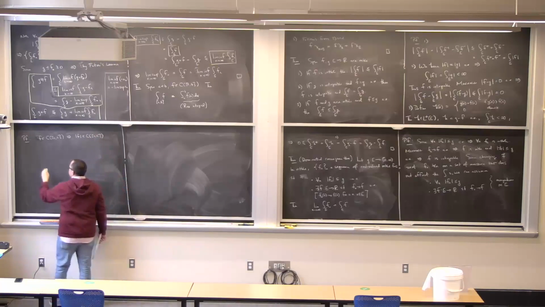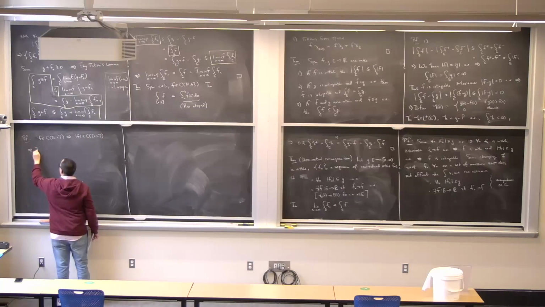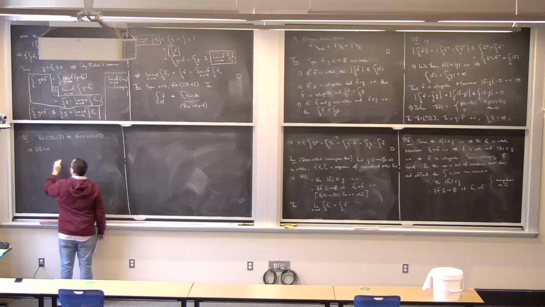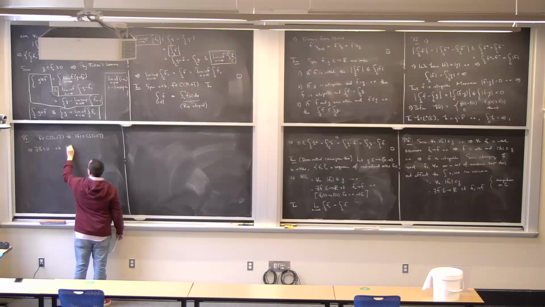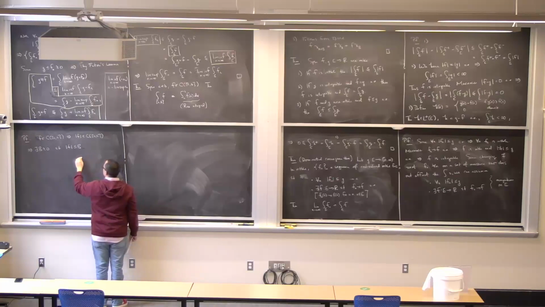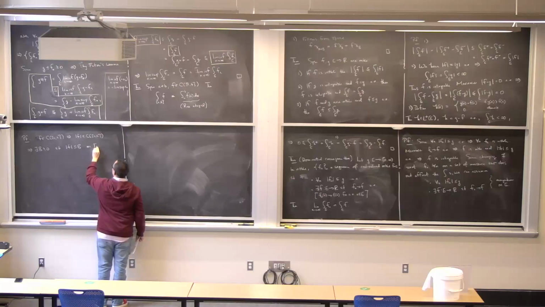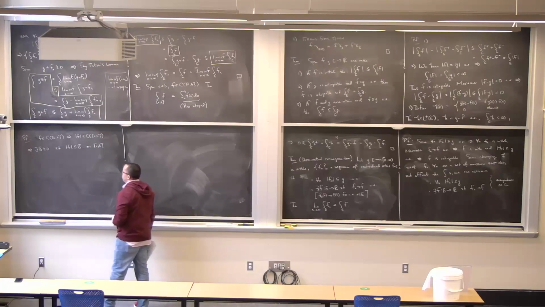And every continuous function on a closed and bounded interval is bounded. So there exists a constant B such that the absolute value of f is less than or equal to B on this closed and bounded interval. Okay?